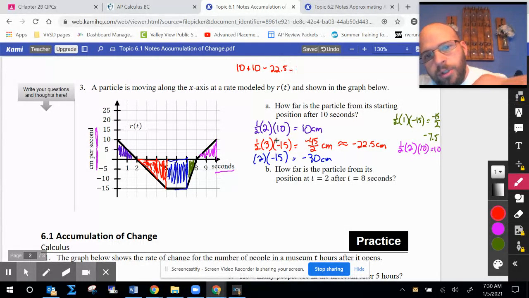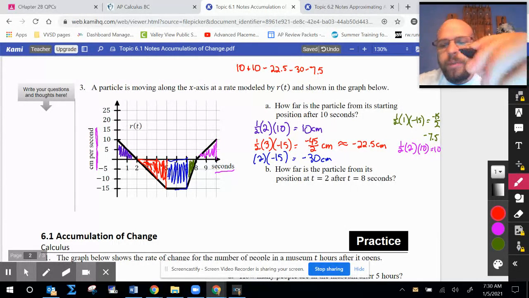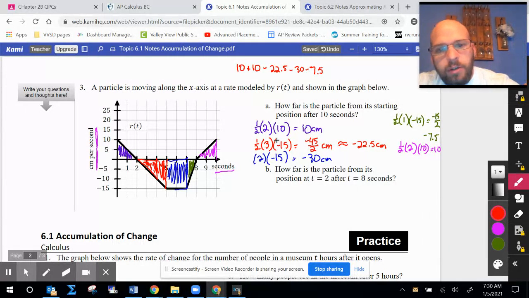I'm going to subtract a 30. I'm going to subtract a 7.5. So let's see what that gives me here. 20 minus, let's see what we get. That's going to be minus 60, which would give me a negative 40 centimeters, I believe.